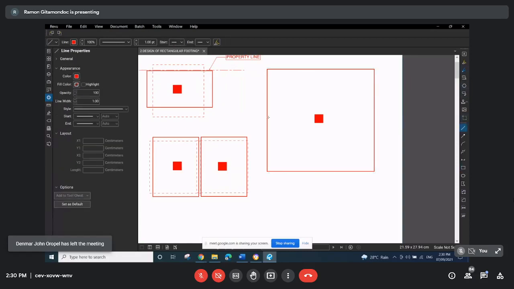So the critical section is here, but the distribution of the bending moment will not be uniform, no?